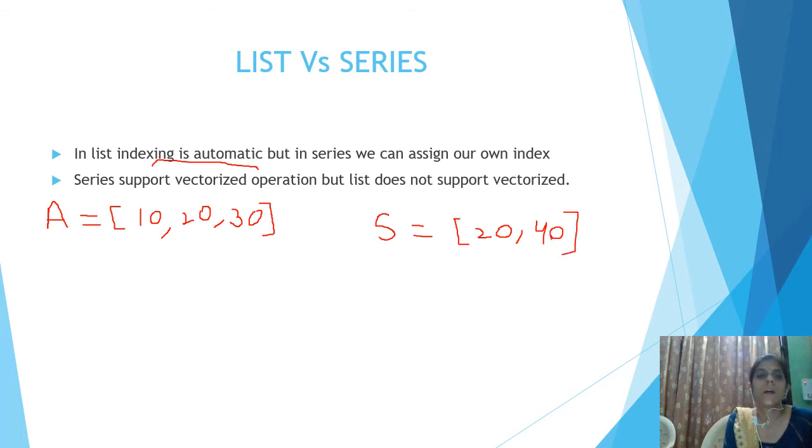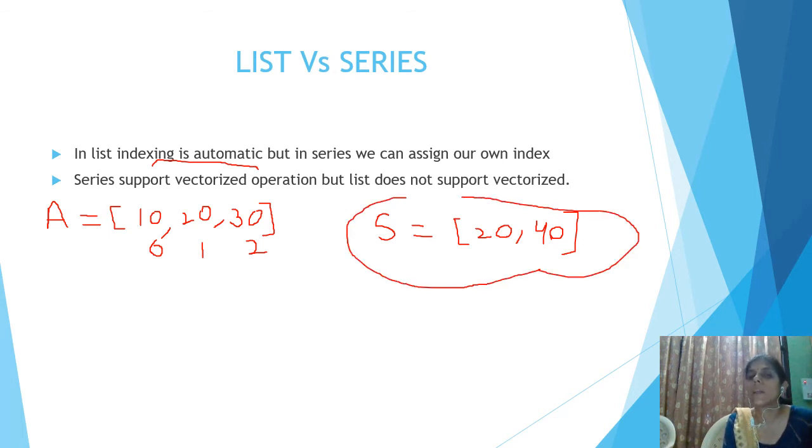So here the index is automatically 0, 1, 2. But in a series we can define our own index. We can give a label to its data. We can give indexing A to 20 and B to 40, or we can choose any other things to index this data 20 and 40 of the series.